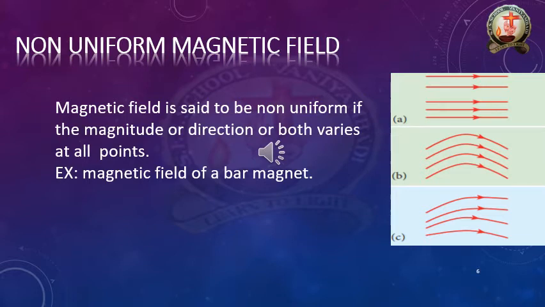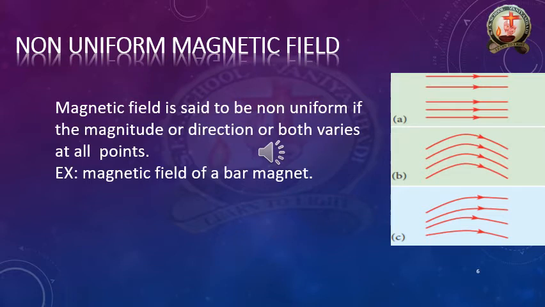So here the magnitude is not equal. The direction of all the lines is the same, but the magnitude is not the same. So this is an example of a non-uniform magnetic field.